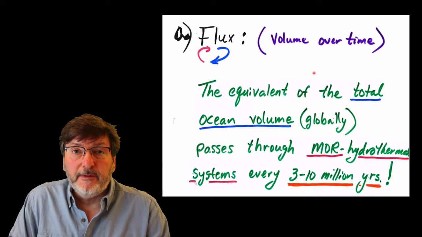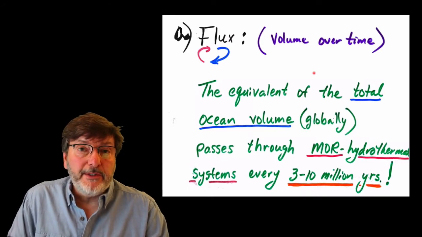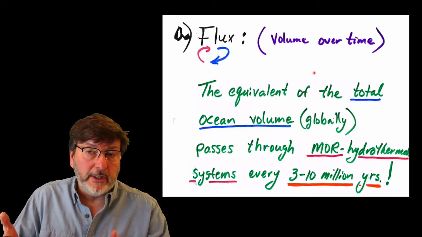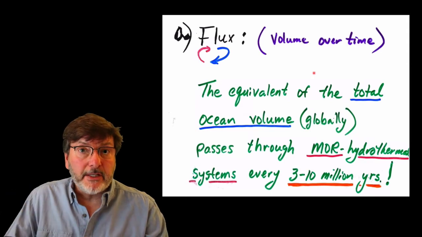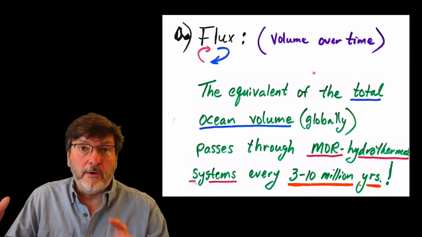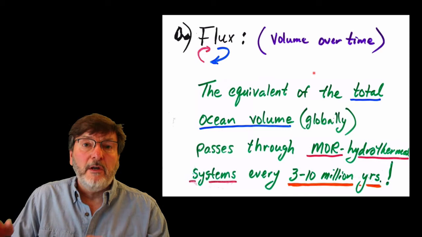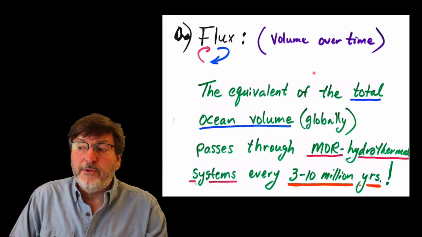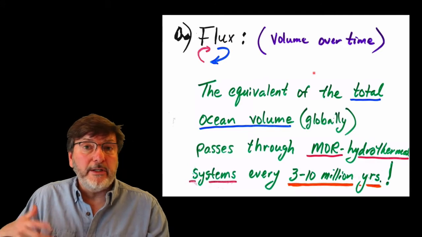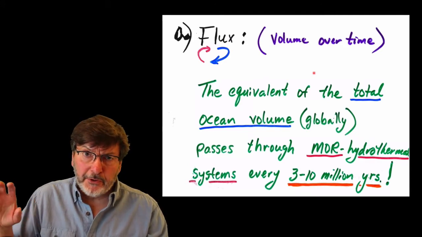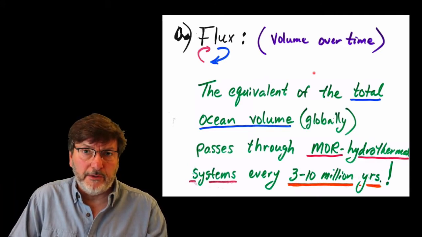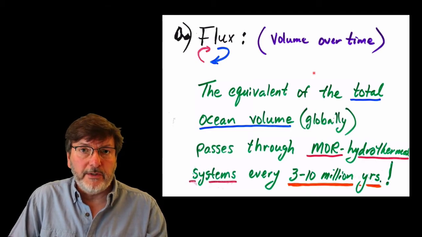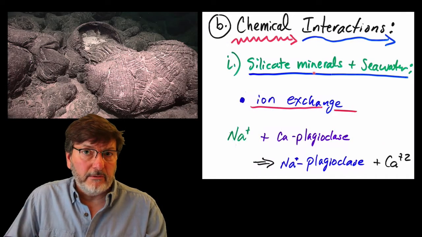On a global scale, the flux through the mid-ocean ridge hydrothermal circulation systems is massive. We think the total volume of the global oceans flows through these hydrothermal vent systems on the mid-ocean ridges every 3 to 10 million years. So you're exchanging the whole oceans through the mid-ocean ridges every few million years.